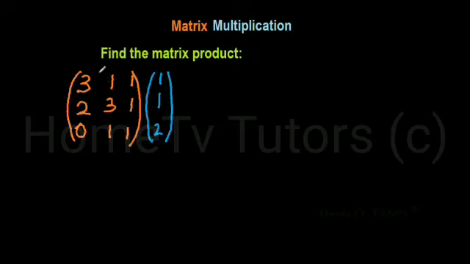Now let us take a look at another example. Now we have a 3 by 3 matrix to multiply a 3 by 1 matrix. So the primary thing is the number of columns of the first matrix must tally with the number of rows of the second matrix.